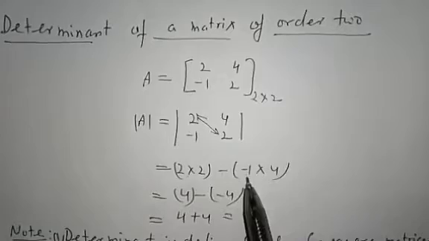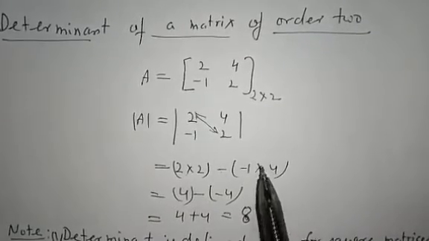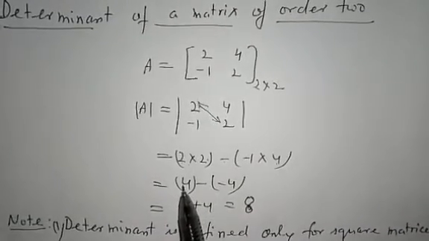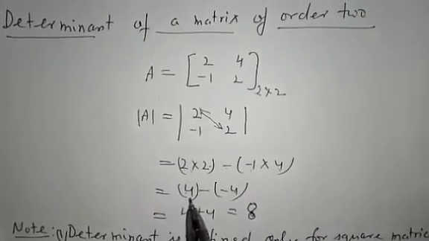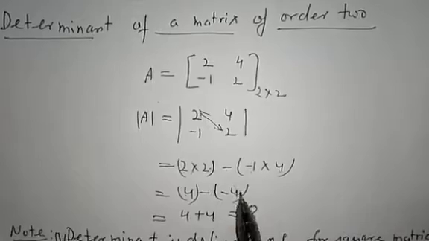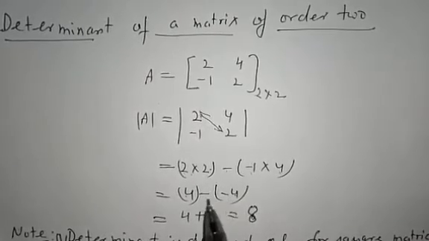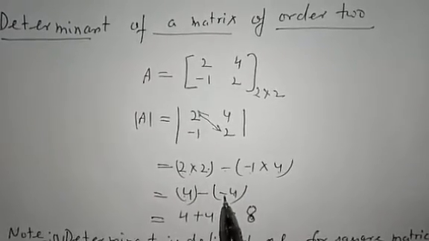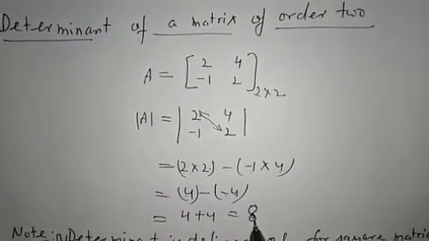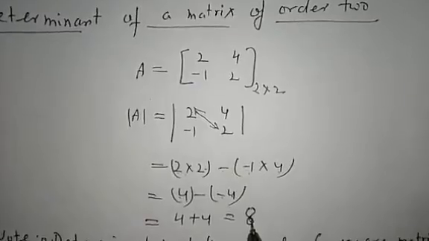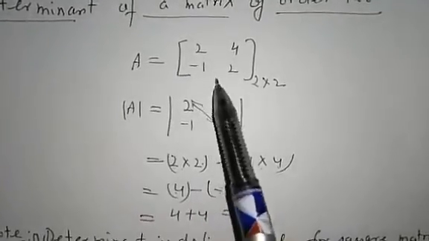This is 4 into minus 1. 2 into 2 comes 4, and minus 1 into 4 comes minus 4, and we subtract the other diagonal product from the product of the principal diagonal. In this way we get its value, 4. So the determinant of the given matrix A is 4.